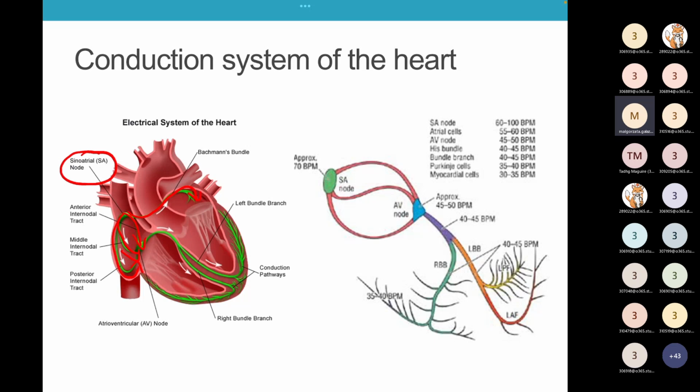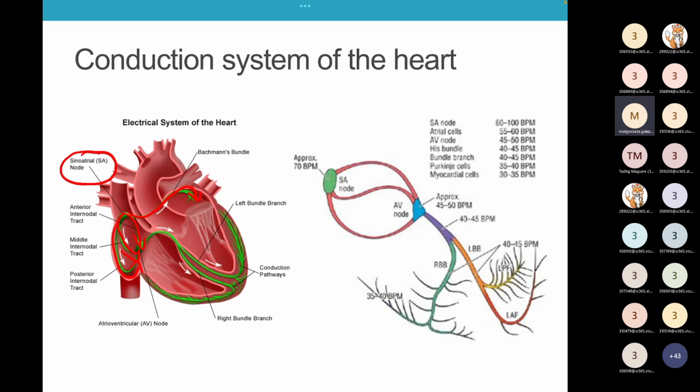As I said, the action potential which is generated in the sinoatrial node is conducted by the intranodal pathways, intranodal tracts, to the atrioventricular node. The atrioventricular node also has pacemaker cells, which can generate action potentials and therefore can regulate the heart rate.